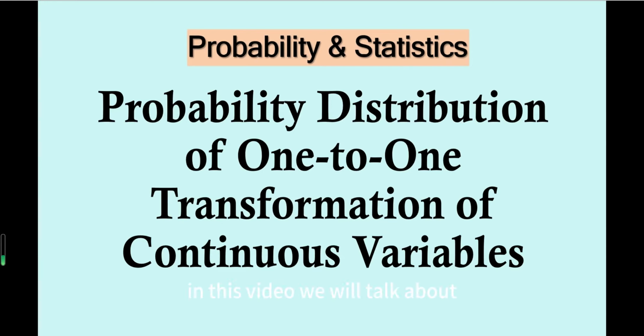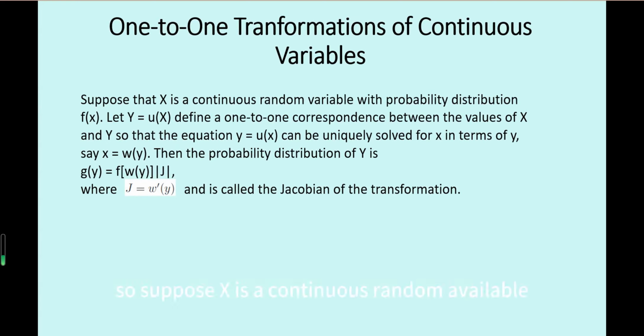In this video, we will talk about the probability distribution of one-to-one transformation of continuous variables. Suppose X is a continuous random variable with probability distribution f(x).